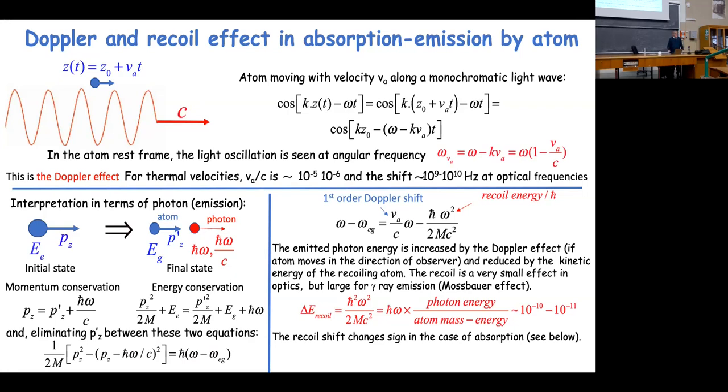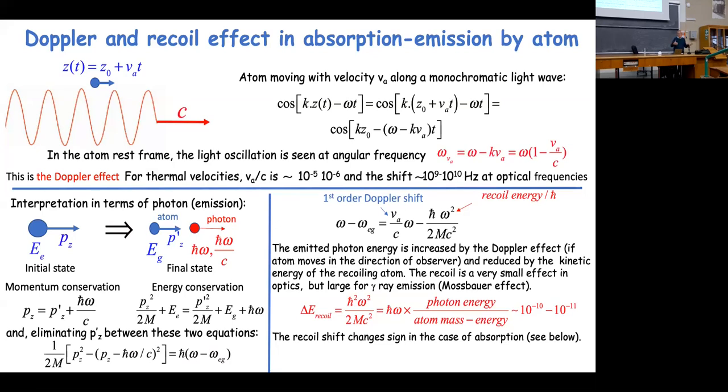And in fact, this recoil is very important in the Mössbauer effect. If you replace optical transitions by nuclear transitions, you see that h bar omega will become much bigger, and the recoil effect will become much bigger. And this explains that if you have nuclei which emit gamma rays, the frequency of emission is different from the frequency of absorption.